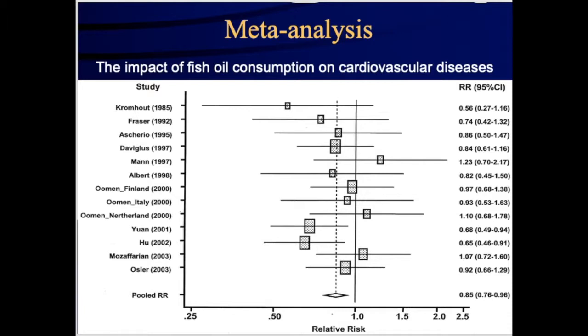The squares indicate the adjusted risk ratio of each study, or relative risk. The size of the square is proportional to the percent weight of each study in the meta-analysis. The horizontal lines represent the 95% confidence intervals. Studies are ordered by year of publication, and pooled relative risk and 95% confidence intervals are indicated by the unshaded diamond at the bottom.